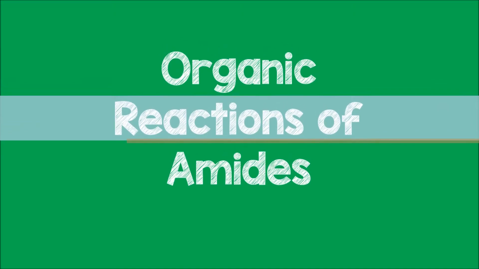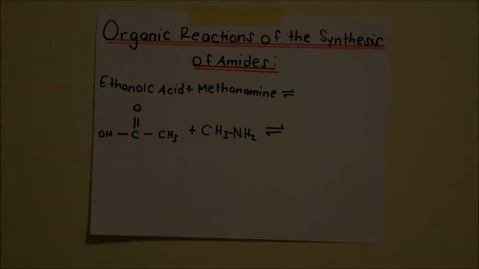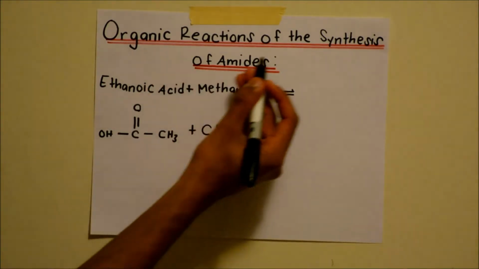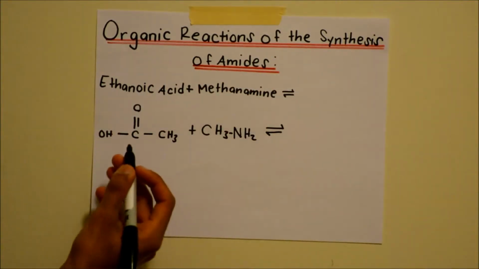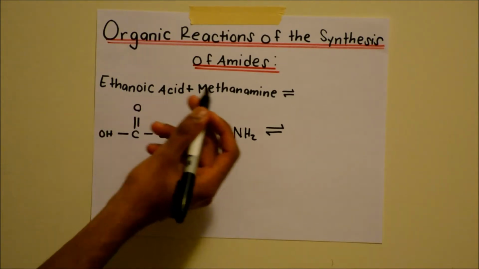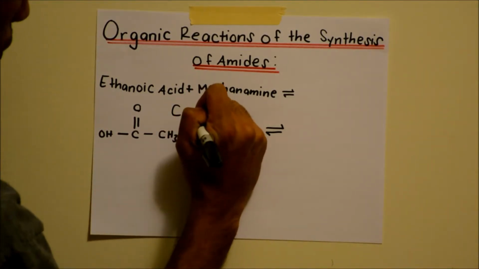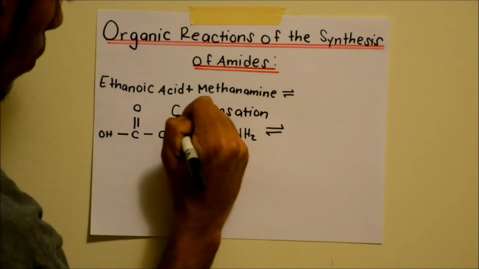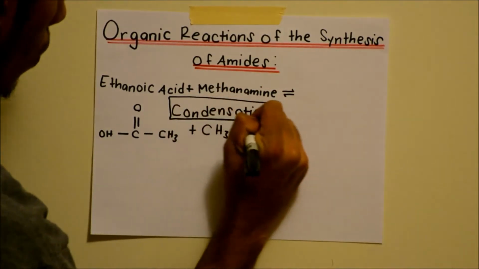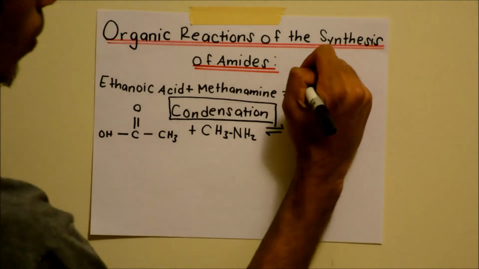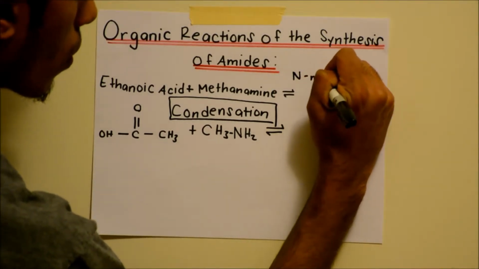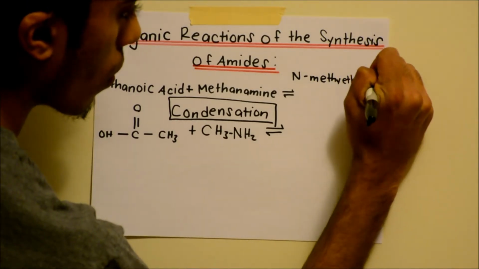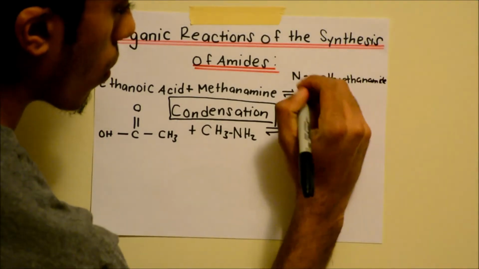Alright, let's move on to organic reactions of amides. Now we're going to look at the organic reactions of the synthesis of amides. Here we have ethanoic acid and methanamine. We know that when a carboxylic acid and an amine react, it is a condensation reaction because they produce a larger organic molecule known as an amide and water. In terms of this reaction, the products will be N-methyl ethanamide and water.